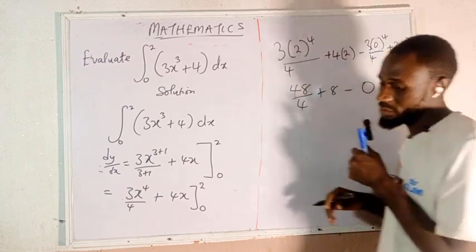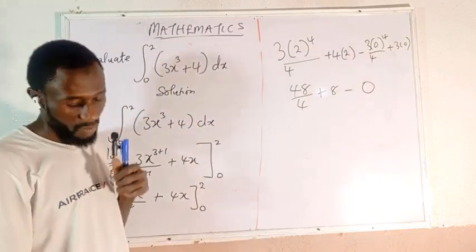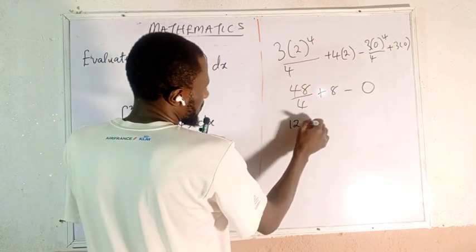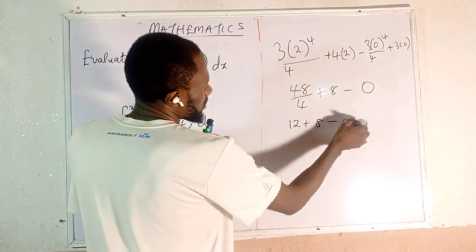Completely this side will be 0. Then we can say 48 divided by 4 is equal to 12 plus 8 minus 0.